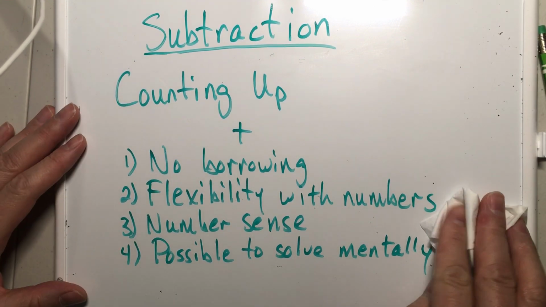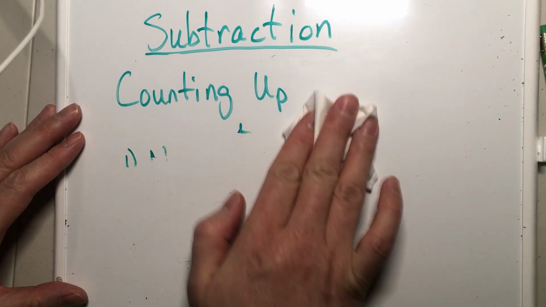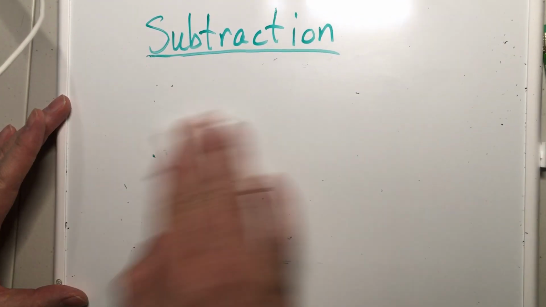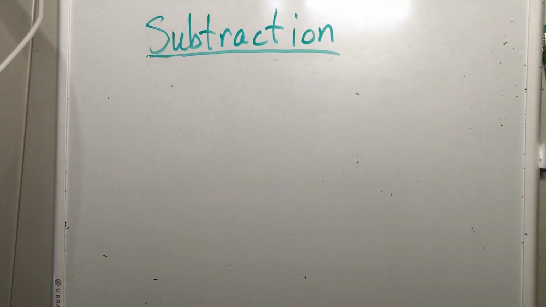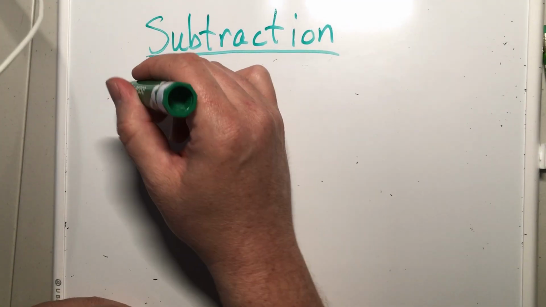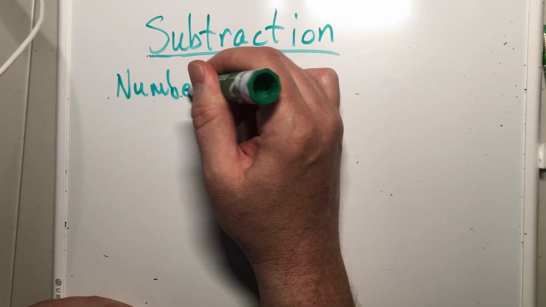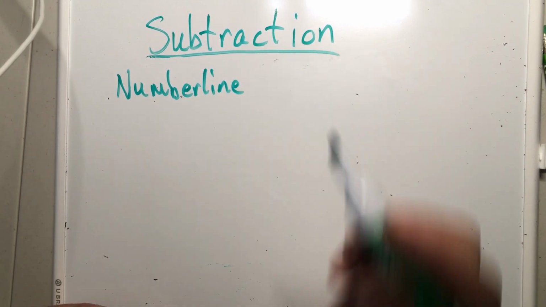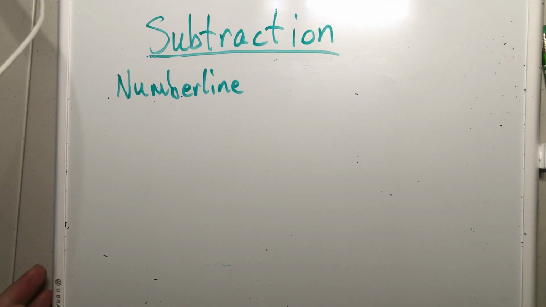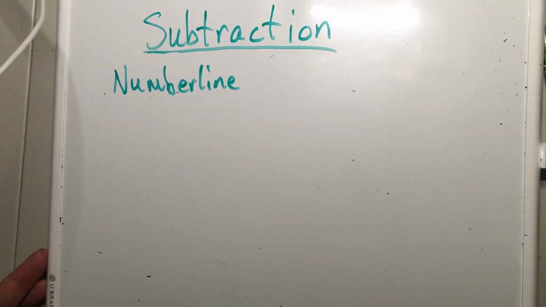Okay, the next thing we're going to take a look at is how to do subtraction on a number line. And it's also going to be finding the difference between the two numbers.